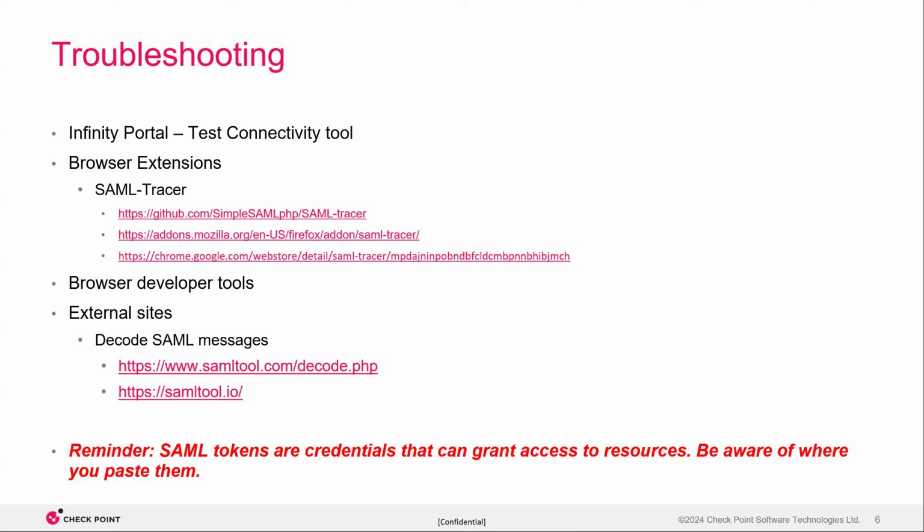Take that with some caution because you're posting potential credentials into external websites. So you kind of pick your poison there as to which one you want to use. You trust a browser extension, or do you trust an external site, or do you do it manually within some other editor or text tool or something like that.